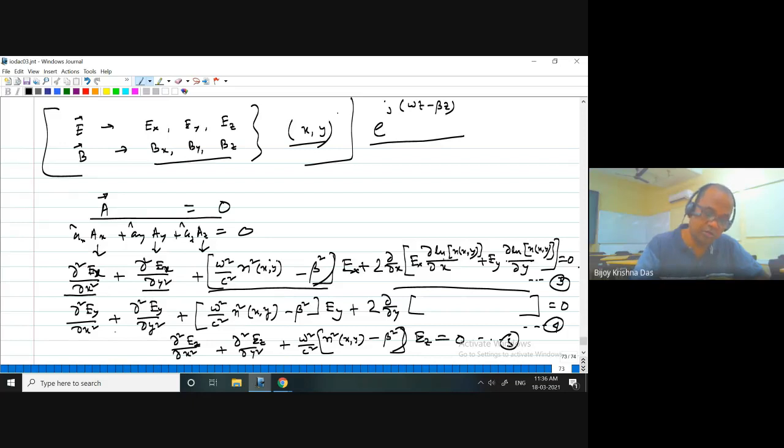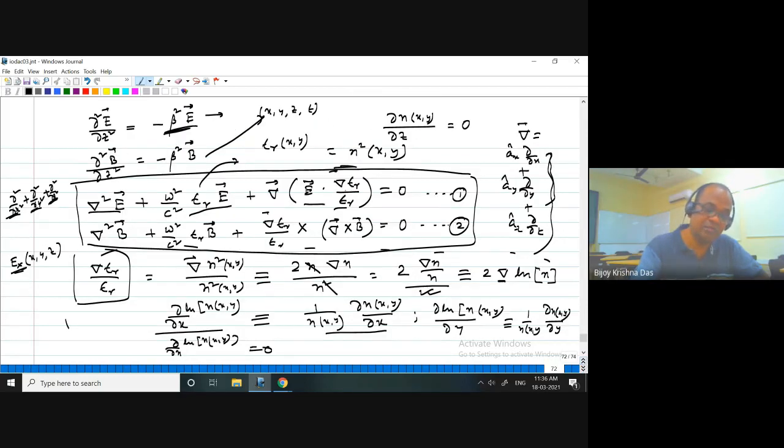So you see all these three terms are there here, but the third term has only x and y components, because epsilon r is xy dependent. So if I try to find the z component by taking a dot product here, that will become 0.